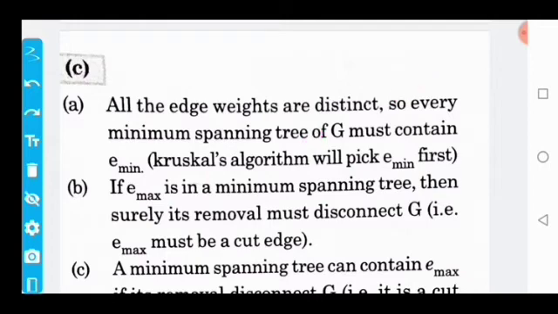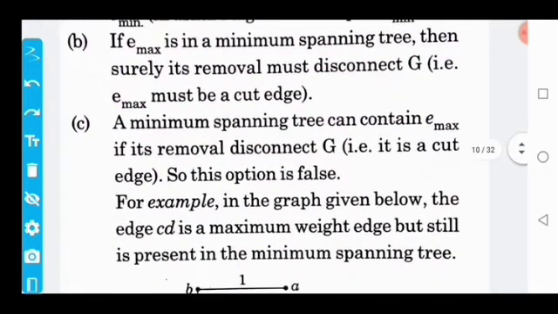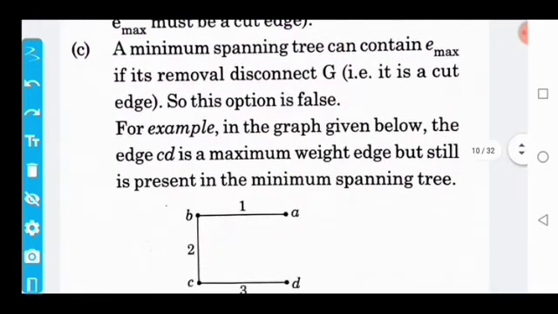Now option C specifies the false statement: a minimum spanning tree can contain E max if its removal disconnects G, that is, if it is a cut edge. So this option is false.